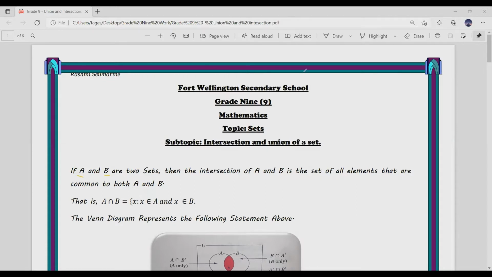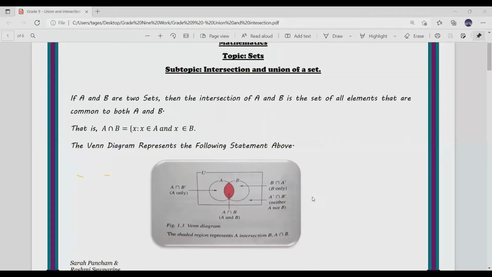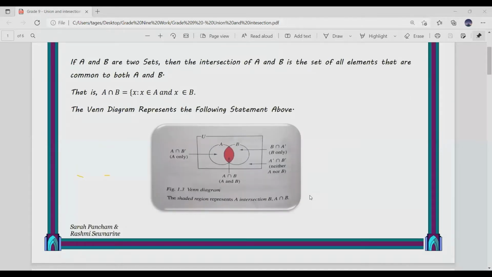Now we'll take a look at a Venn diagram that's going to show a bit of the explanation for this. Looking carefully at this Venn diagram, we have the parts that are highlighted. When there is an intersection of two sets, when something is common in those two sets, the circles intersect each other, and this red area here is where the intersection would be.